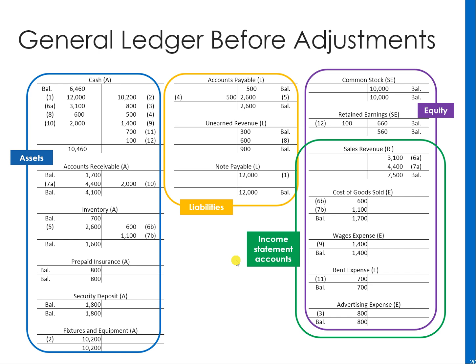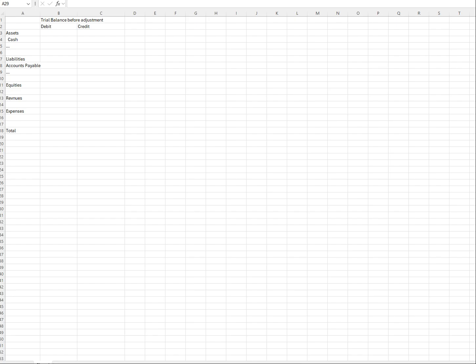Alright, so how do I check briefly whether these numbers are okay? Here we're going to talk about the trial balance. A trial balance is basically a list of all these accounts in columns, so that I can check that total debit equals total credit.